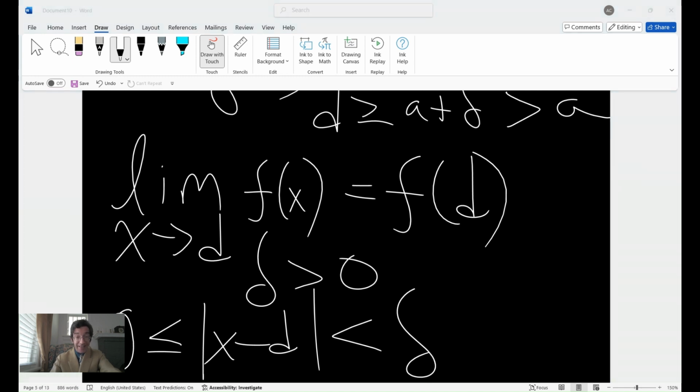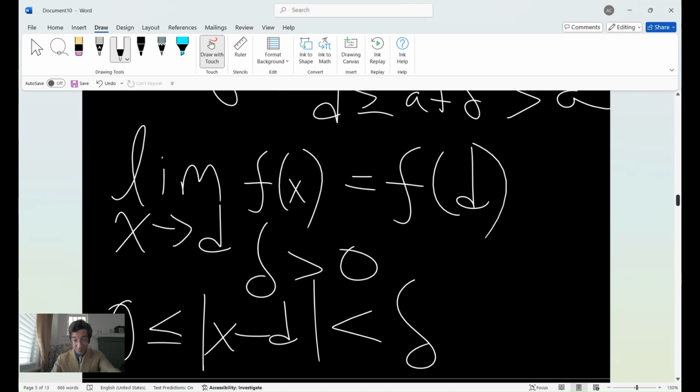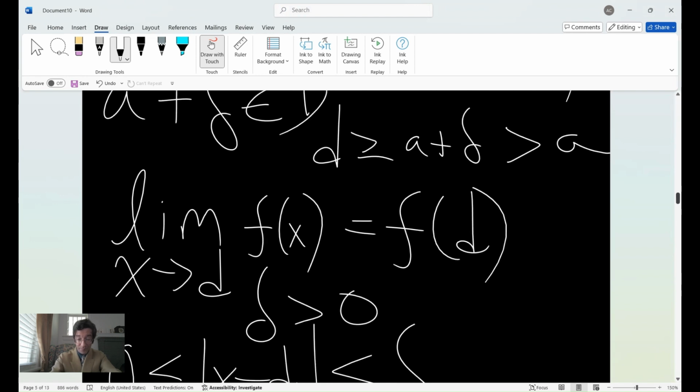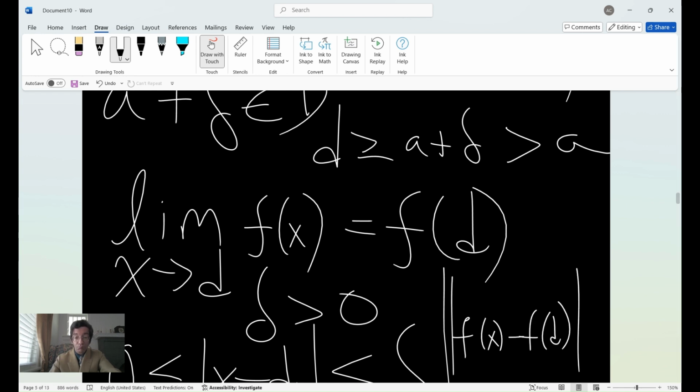And if that's the case, then the absolute value of f of x minus f of d, we could say that that's less than epsilon.